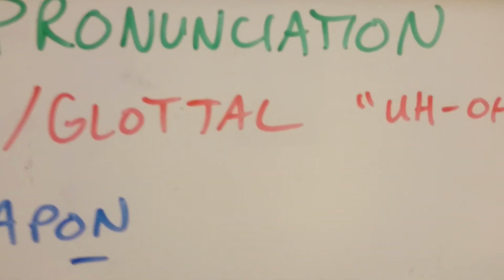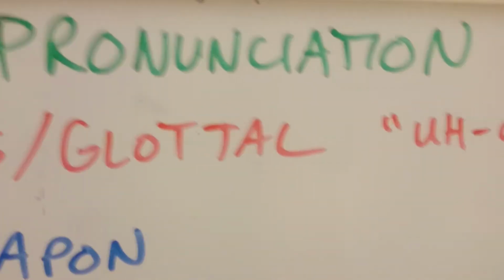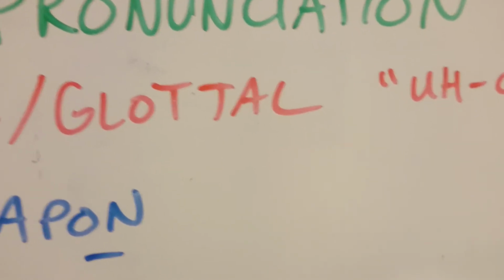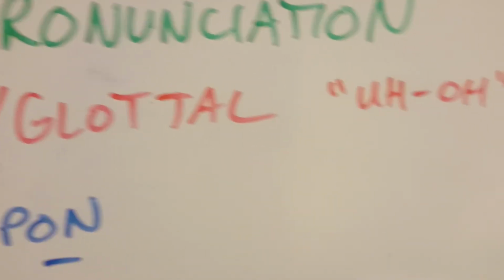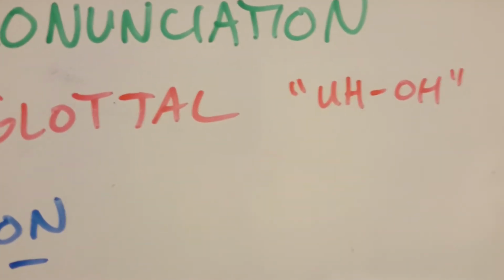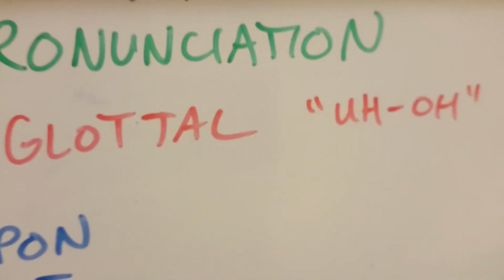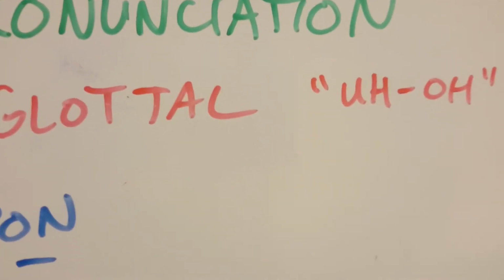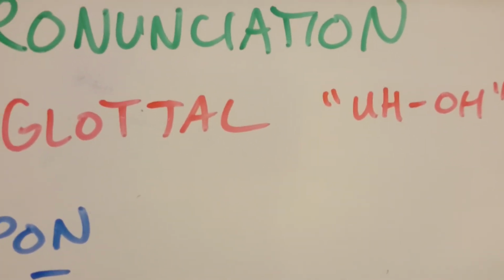Certain words have it, and that's just something you have to train yourself in hearing. I don't know a good way to explain this, but when you listen to speakers or further your studies, you're going to notice this glottal stop in certain words that changes the pronunciation of things.